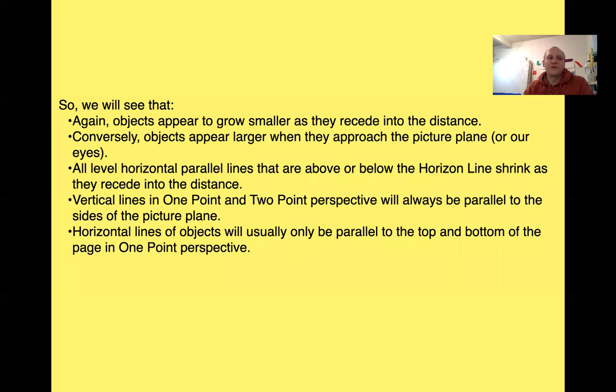So we'll see that objects appear to grow smaller farther away. Objects appear larger close to us. All level, horizontal, parallel lines that are above or below the horizon line shrink as they recede into the distance. Vertical lines in one point and two point perspective will always be parallel to the sides of the picture plane.